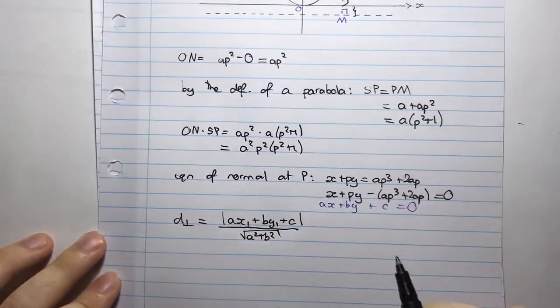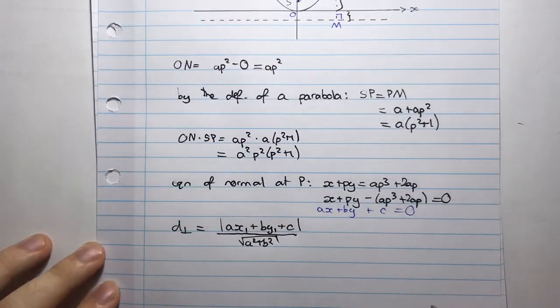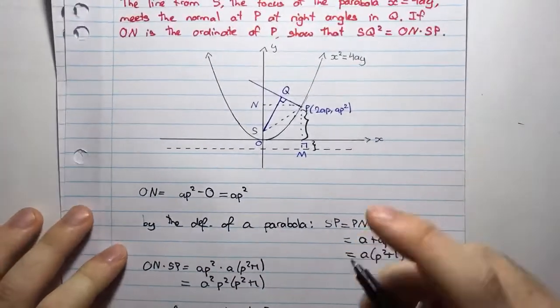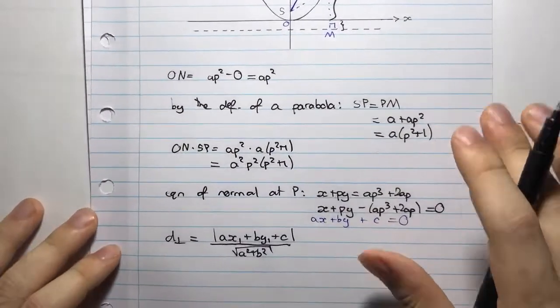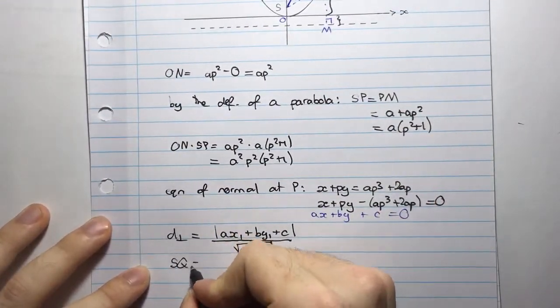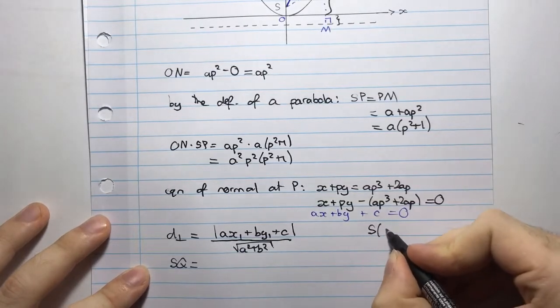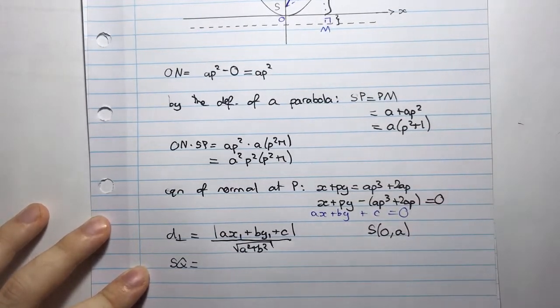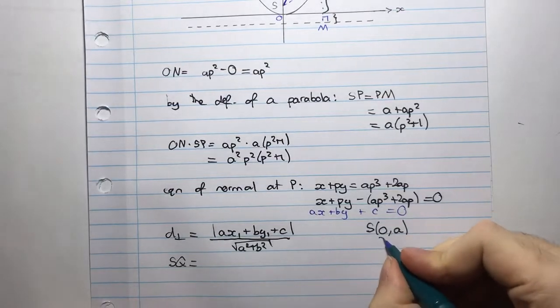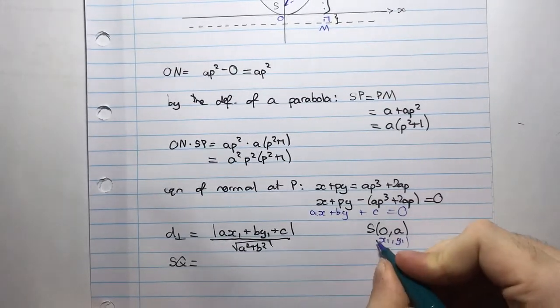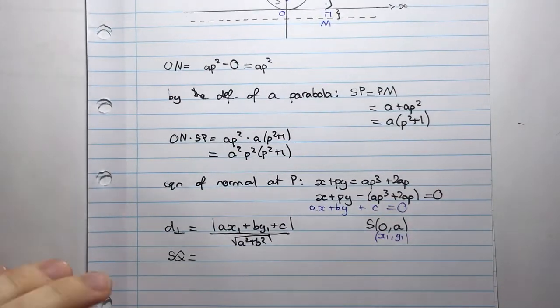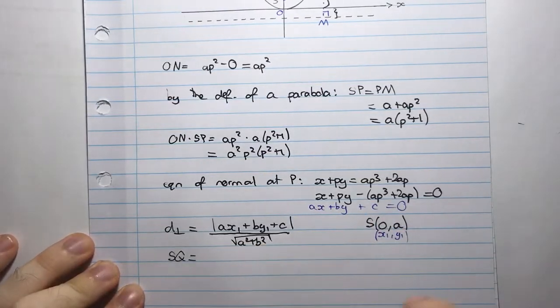So applying that formula to my situation here, I have that the distance SQ is equal to, now what's my X1, Y1? Well, the point S is 0, A, and so here I have my X1, here's my Y1, and now I'm going to simply substitute the corresponding values into this formula.